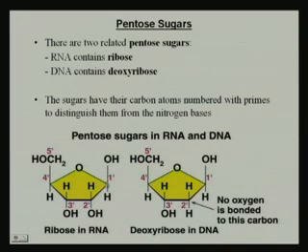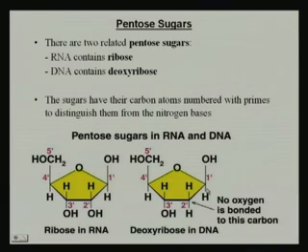See, this is a 1, 2, 3, 4 and 5 carbon sugar, and this is the ribose sugar in case of the RNA molecule. But in case of DNA, it is called deoxyribose. That means one oxygen is missing in the 5-carbon sugar moiety.